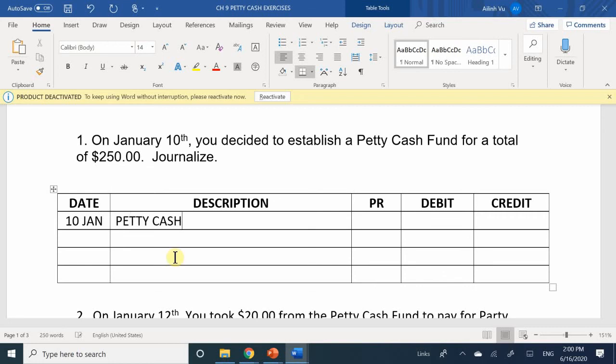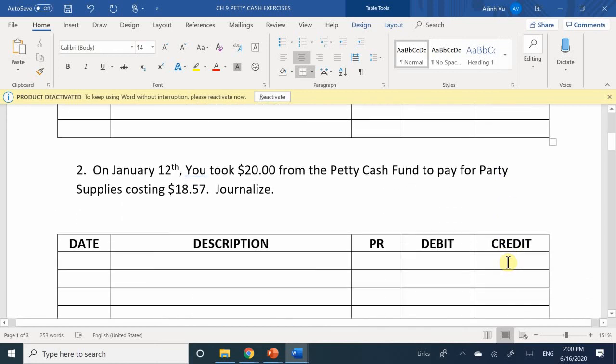Here's your petty cash, and you're going to write a check to the petty cash fund, or take money out of your checking and place it into the petty cash fund. In this case, we're going to establish it for $250. Good.